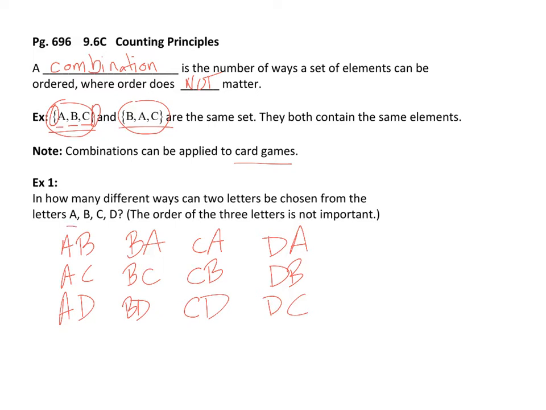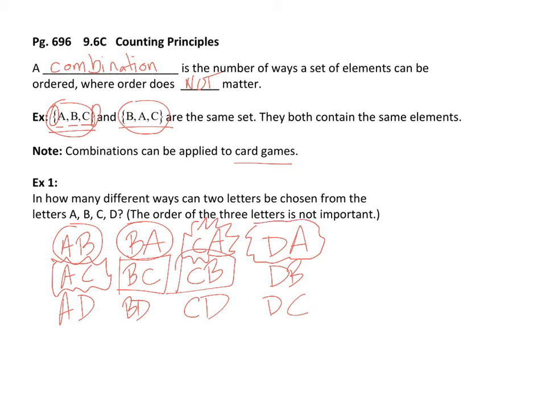So we have AB is the same thing as BA, and BC is the same thing as CB, and CA is the same thing as AC, and DA is the same thing as AD.